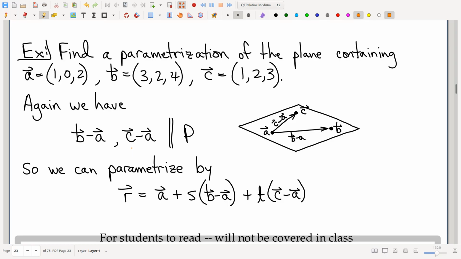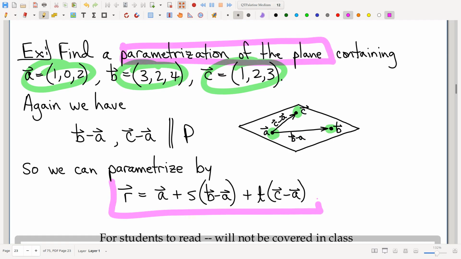You'll probably recognize this example. These points are the same points we used previously. If I'm given these 3 points, how would I parameterize the plane that they describe? Well, I know how to parameterize planes. We parameterize planes with a formula that looks like this. I just need to start at some point.